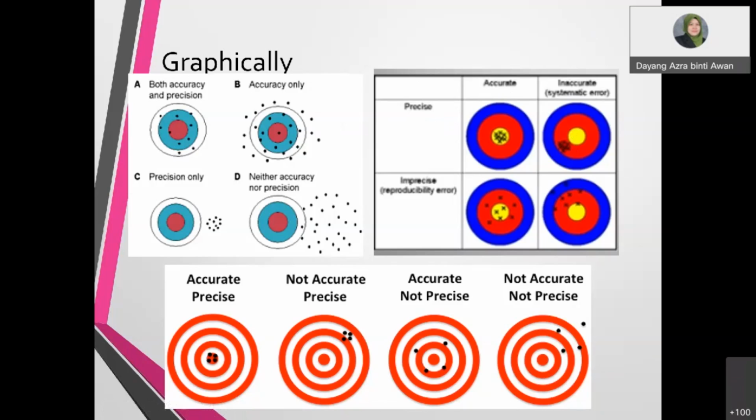Then we have imprecise, which can be solved by using reproducibility. Reproducibility error means the result is accurate but still scattered around the true value. So this is how we illustrate our figure of precision and accuracy.